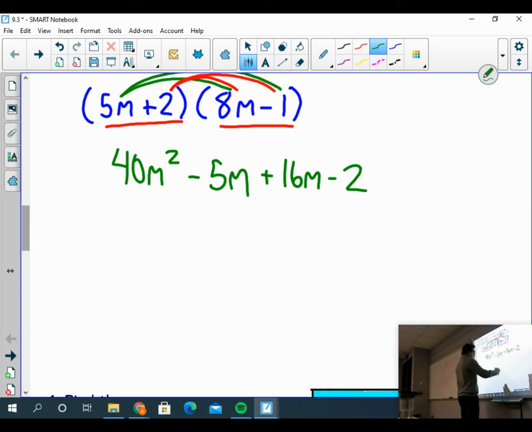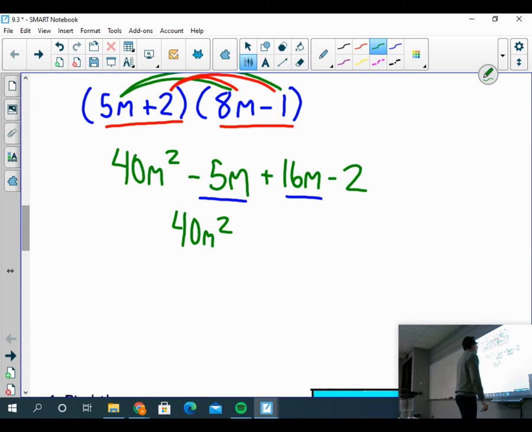When I do this, now I get to combine like terms. Again, remember from 9.1, like terms are like bases that also have the same exponent. We cannot combine the 40m squared with the minus 5m because they do not have the same exponent. What the minus 5m and the 16m do, so I have 40m squared.